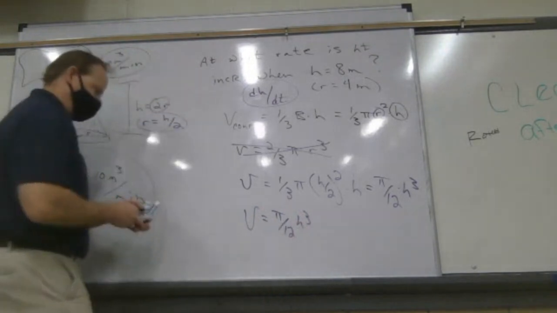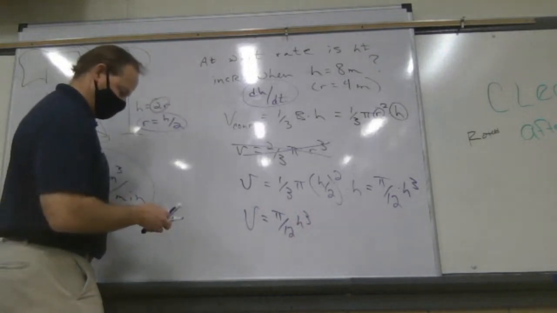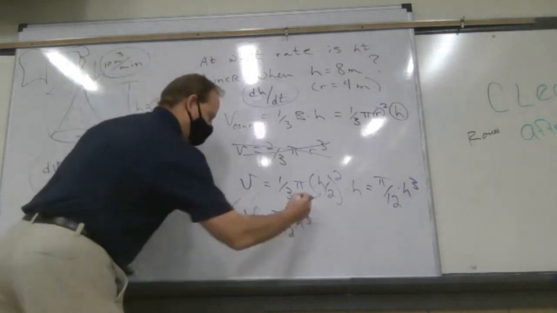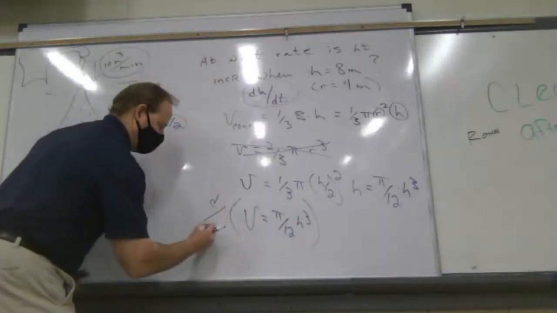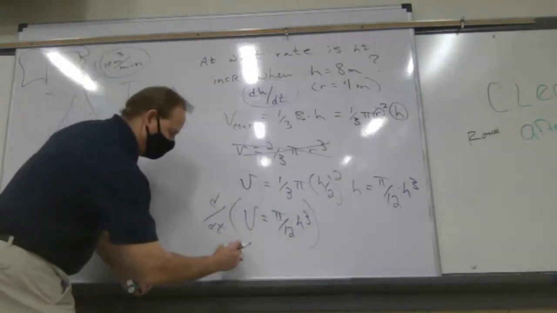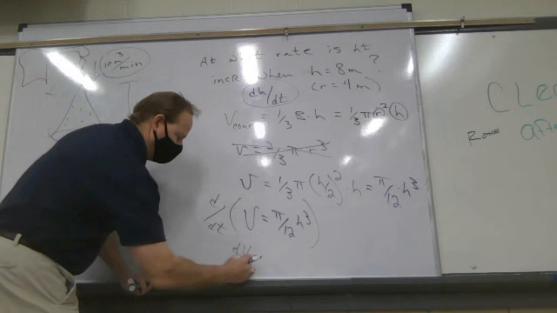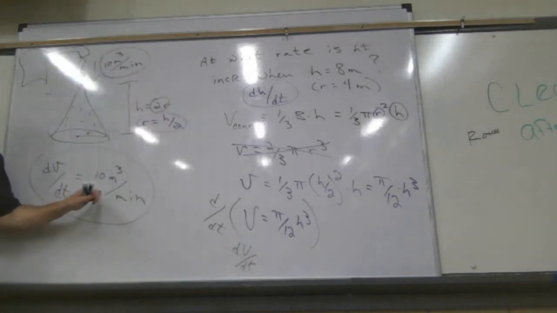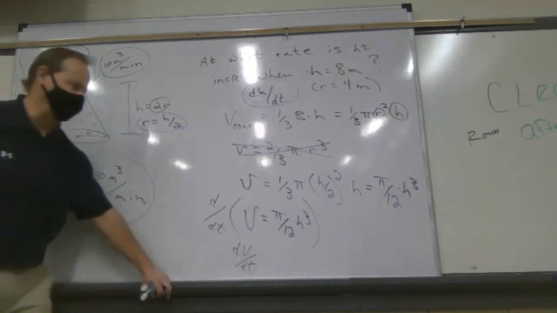So pi over 12 h cubed. I'm going to take the derivative of both sides with respect to t. Okay? So what's the derivative of V with respect to t? dV/dt, right? Which actually was given, it's positive 10 cubic meters per minute. But anyways, dV/dt.